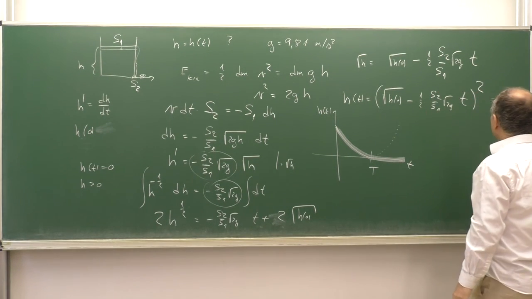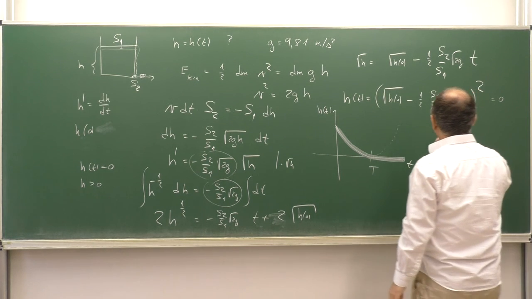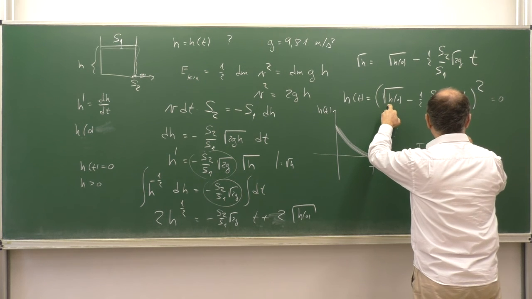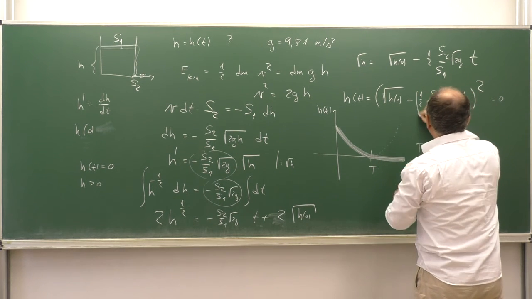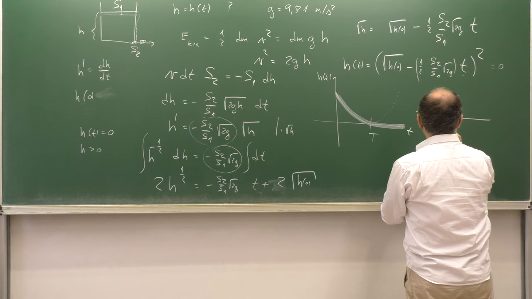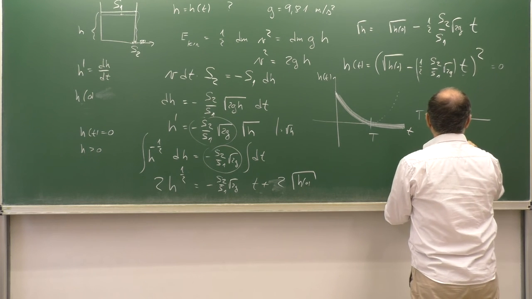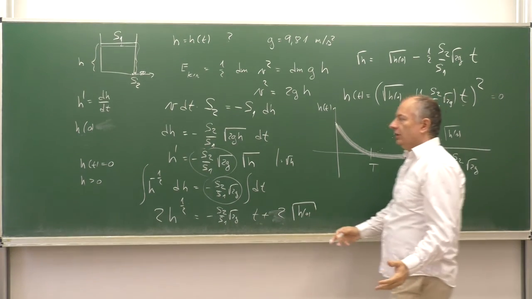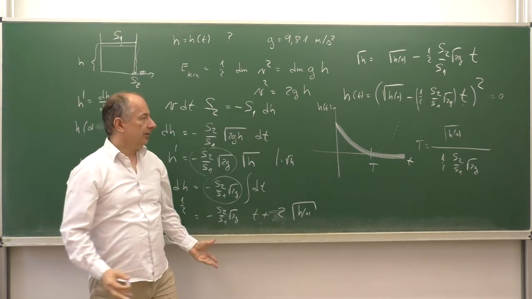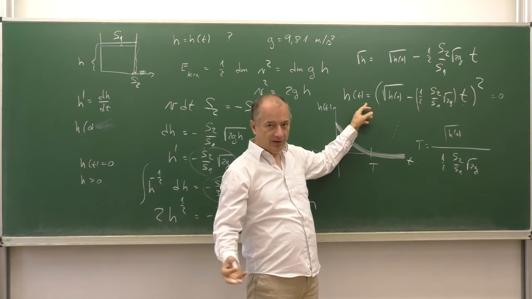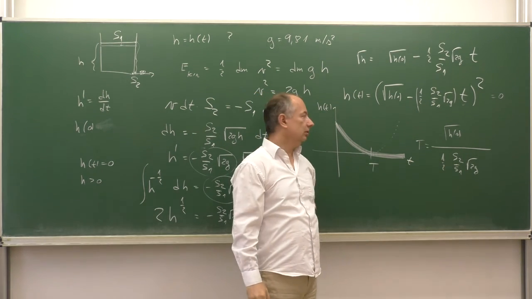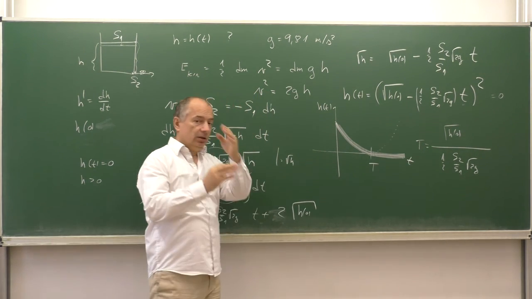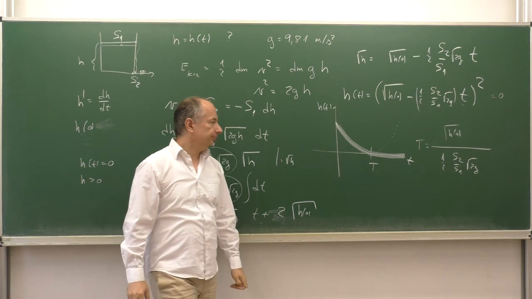So if you write it as 0, then you can find the time T as square root of h0 divided by this constant, 1/2 S2 S1 square root of 2g. So you see the result of solving a differential equation may be either the complete function that describes the time evolution, or just some important parameter, some important property, the time needed to empty the reservoir.